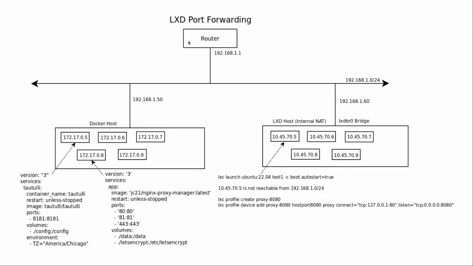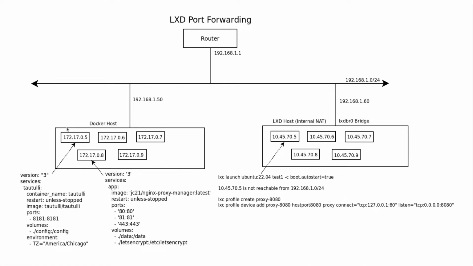At the top, we've got a router, and we're looking at that router presenting itself with a gateway address on the main LAN of 192.168.1.1. And here we've got a network on the left-hand side. At 192.168.1.50, we have a Docker host, and at 192.168.1.60, we have an LXD host.